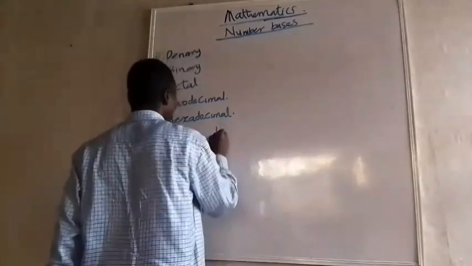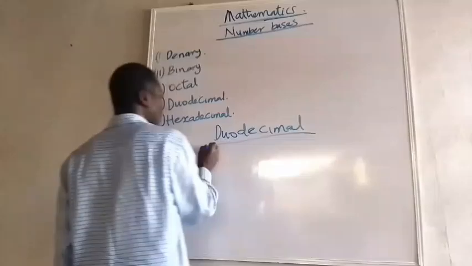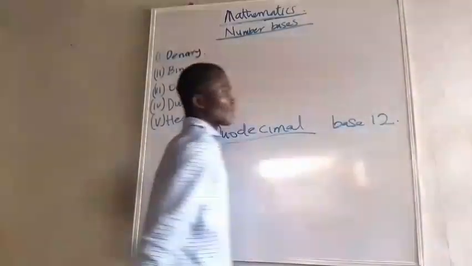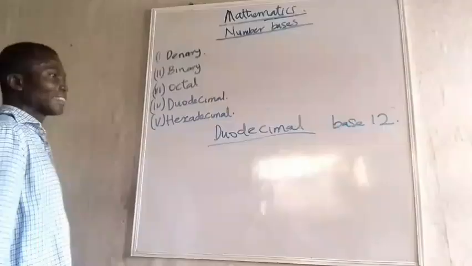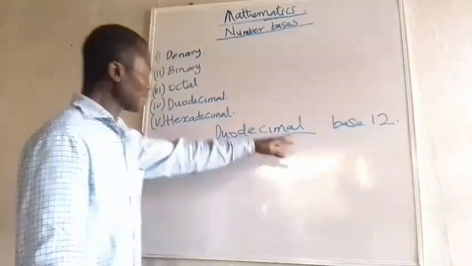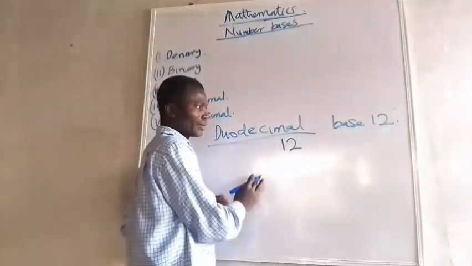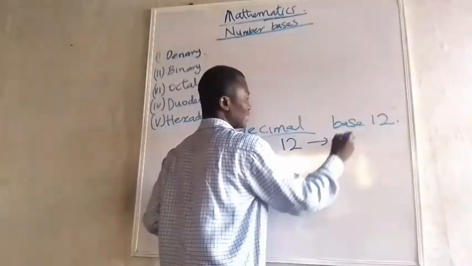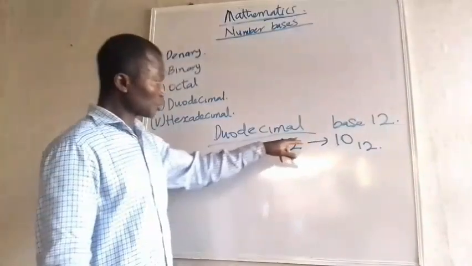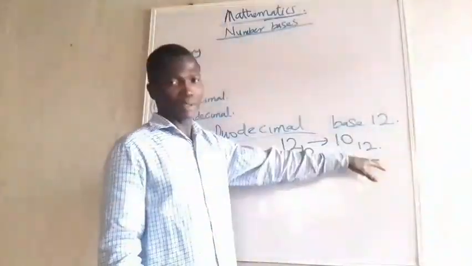Now let's go to duodecimal. When we are talking about duodecimal, we are talking about base 12. And you know, when we are talking about the 10th of any number base, it is the base. So under this base, 12 in base 10 is equal to 10 in base 12.